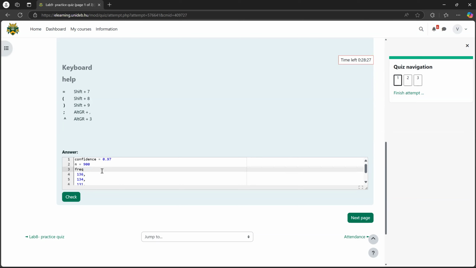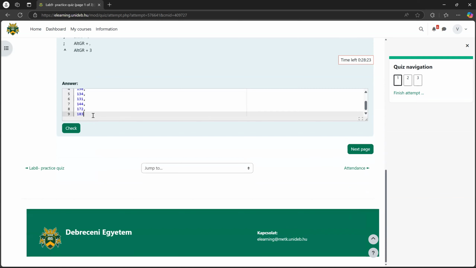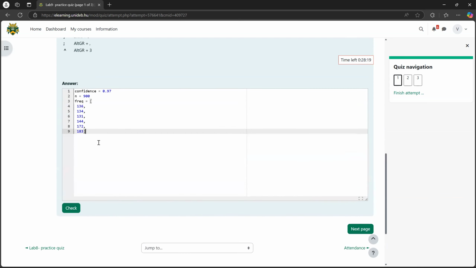So I'll just name it frequency, and I'll put in these values and just fix the formatting real quick. There you go. This is the frequency.